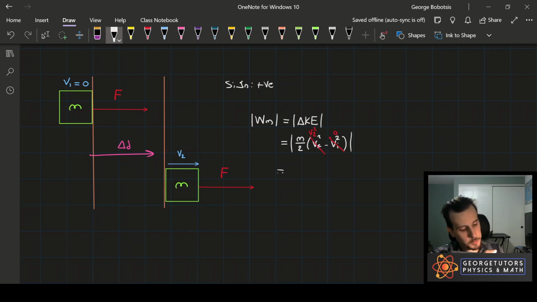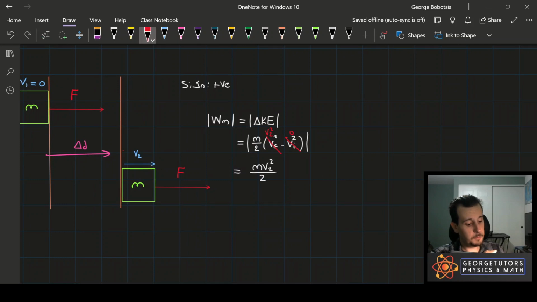So I end up with the absolute value of m v2 squared over 2. None of the quantities inside the absolute bars here is negative. Therefore, I can drop them. And then having the size of the work done onto m, I can combine it with the sign information to give a final answer, which is going to be this time m v2 squared over 2. And that is my answer.